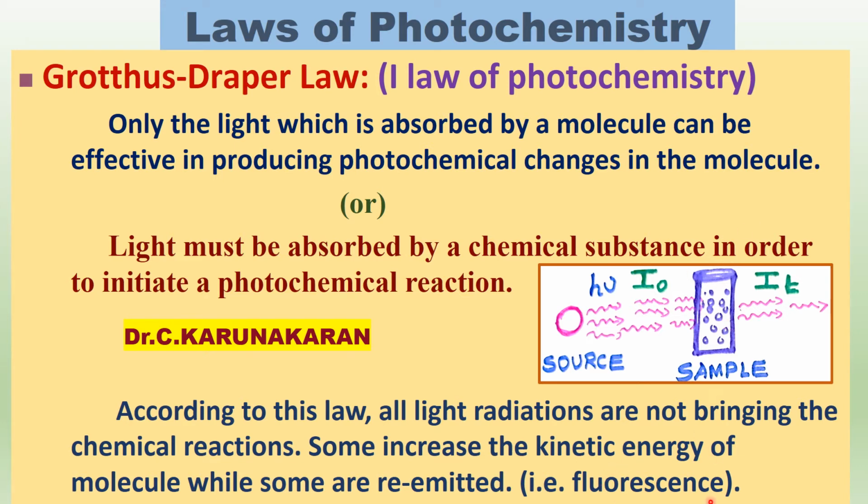That is called fluorescence. The light is absorbed by the molecule and immediately emitted. They are called fluorescent substances. They absorb light and immediately emit the absorbed light. That is called fluorescence. We will study further in Jablonski diagram.